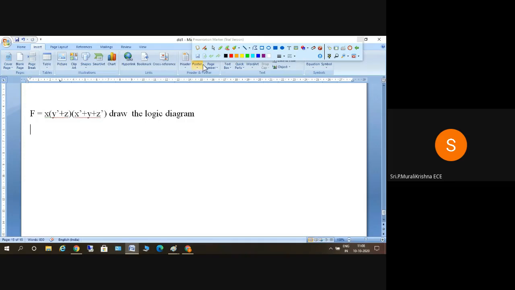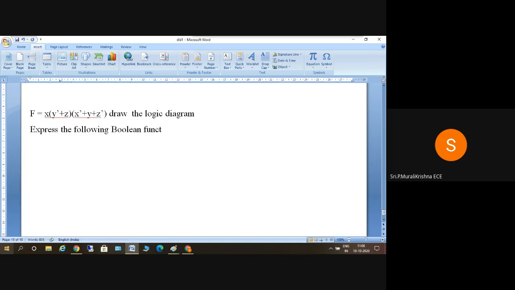So express the following Boolean function as a sum of min terms and a product of max terms.